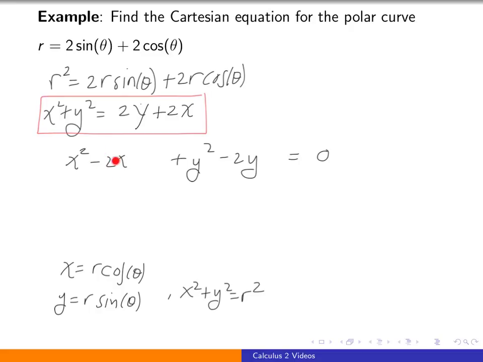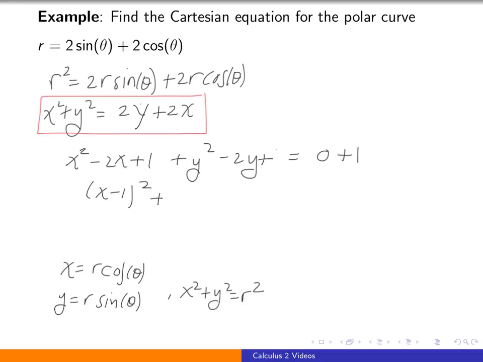Minus 2 divided by 2 would be 1. So if we put a plus 1 on the left, we should also put a plus 1 on the right, and this becomes x minus 1 squared. Similarly, minus 2 divided by 2 suggests we put a plus 1.